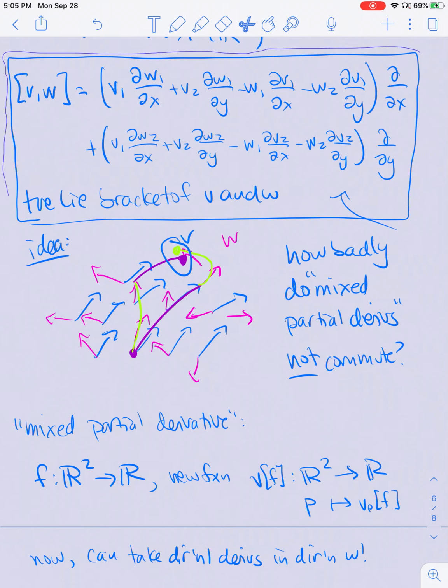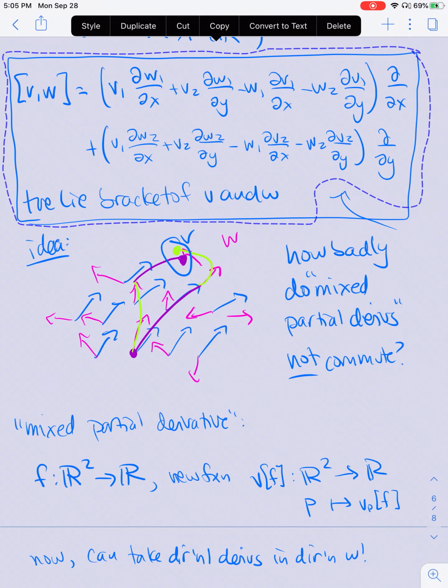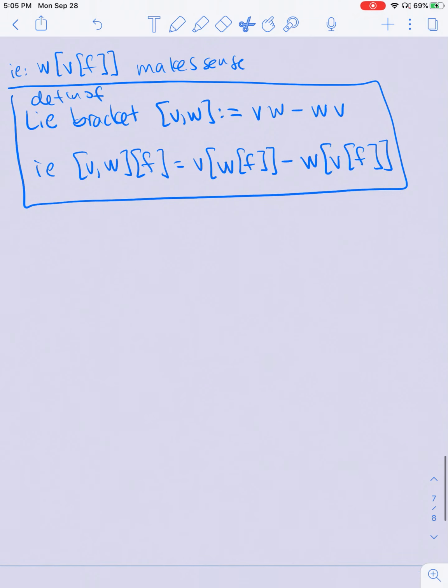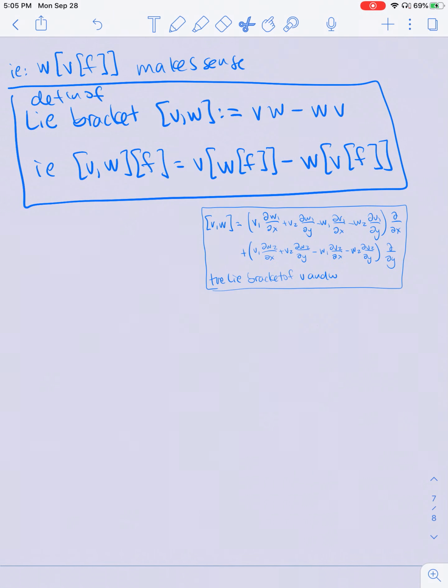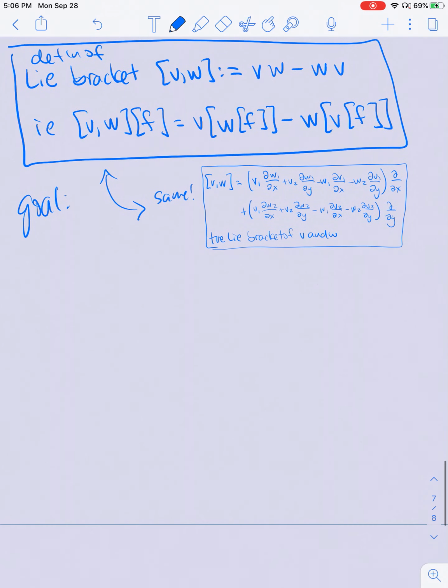So let me get this, and we will bring it down here and make it smaller. And so the goal is to prove that these are the same thing. So that this second box, the small box, is a coordinate version of the first. Okay.